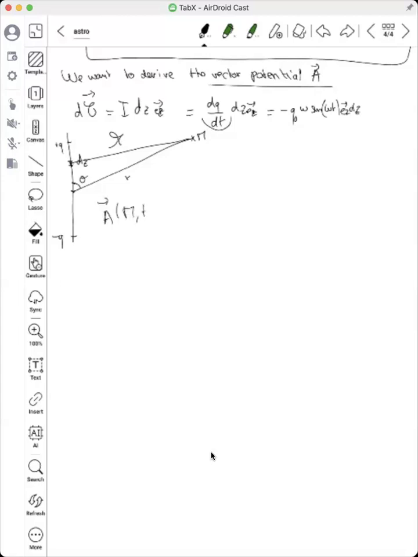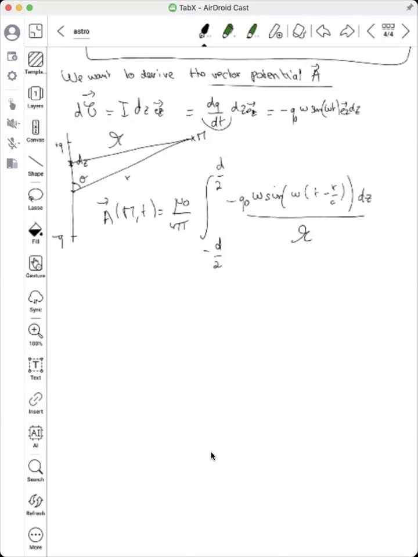So the vector potential is the following: mu 0 divided by 4 pi, integrating between minus half of d and half of d, minus Q0 omega sinus omega T minus R over C dz divided by this round R, easy, okay?